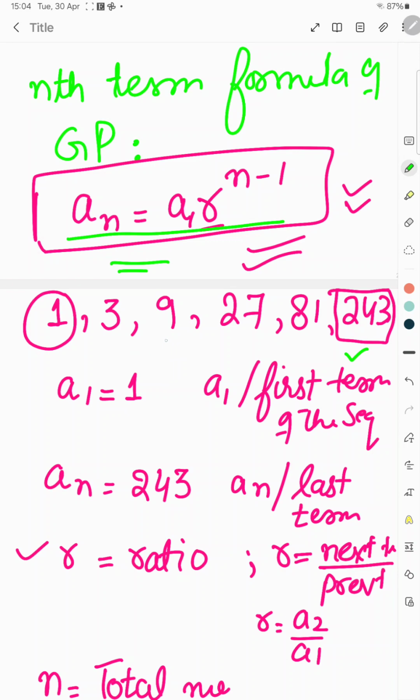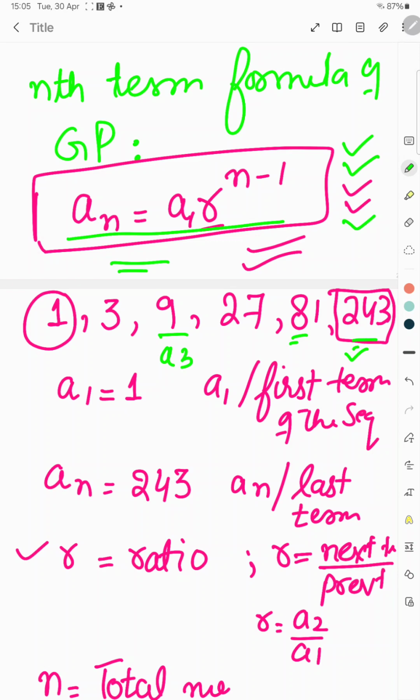For example, if they ask to find the third term of the sequence, then you will use this formula. If they ask to find the fifth term, then again you will use this formula. If they ask to find the 100th term, then again you will use this formula.